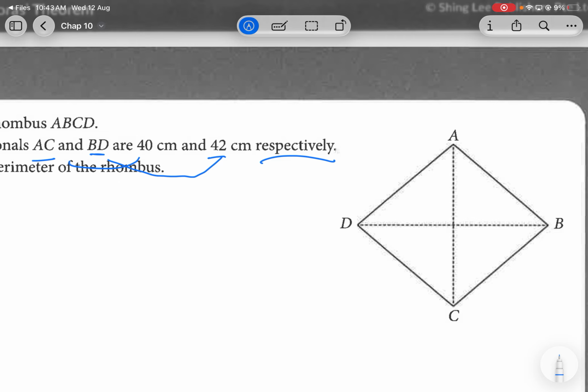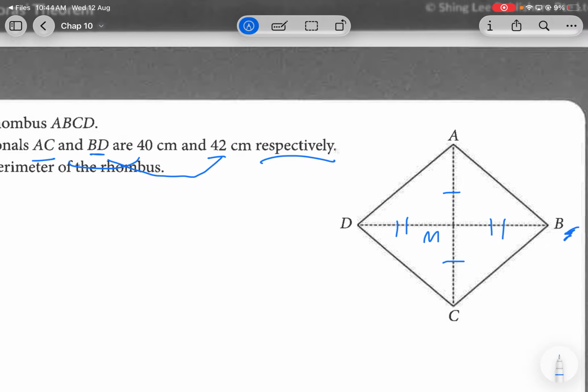Okay, AB equals to 29. Perimeter, just multiply 29 by 4. What is the area of triangle? Half times base times height. Half times 20 times 21. Then, the rhombus is made up of 4 identical triangles.